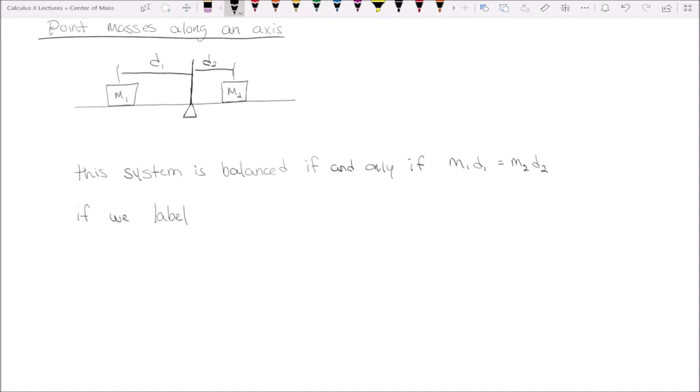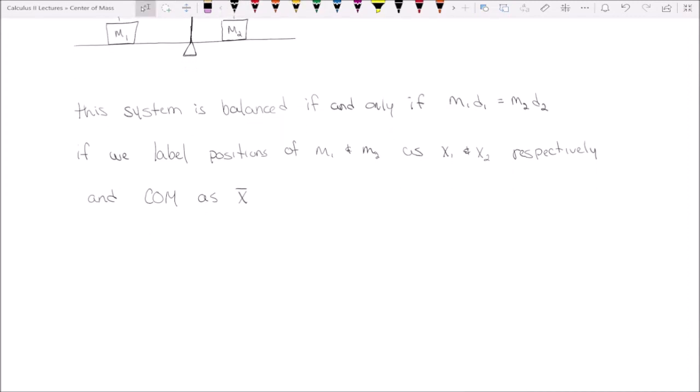If we label the positions of M1 and M2 as X1 and X2 respectively, and we label the center of mass, which I'm going to shorthand as COM, as X bar, then the equation becomes M1 times (X bar minus X1) is equal to M2 times, I'm sorry, (X2 minus X bar).